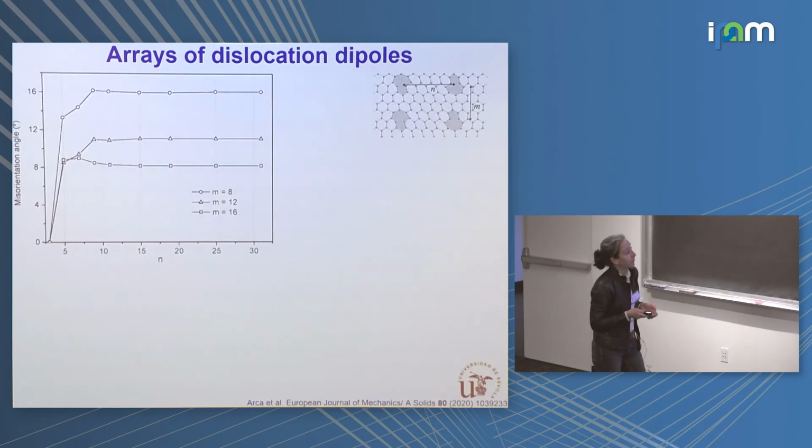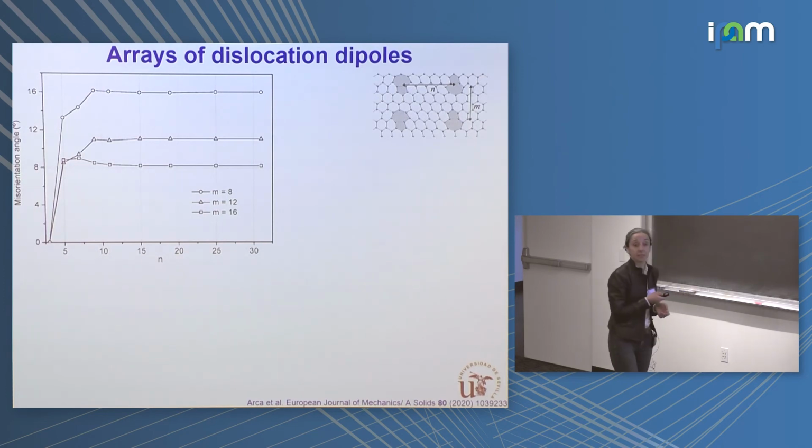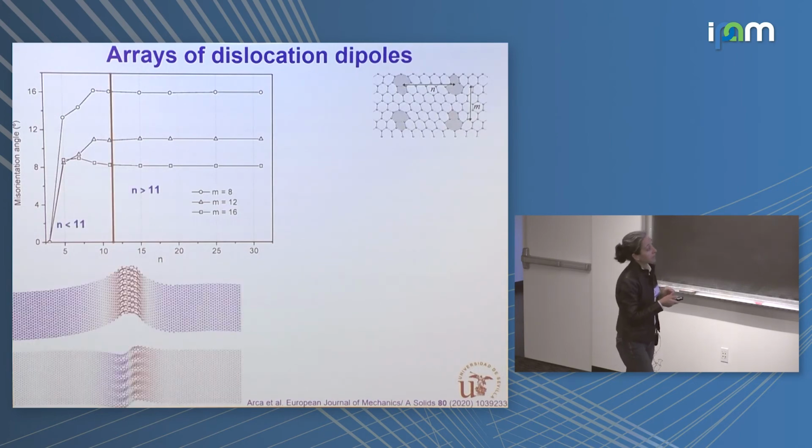So, what happens when we plot the misorientation angle for different configurations? This is n changing, and the different curves correspond to different separations in between dipoles. We observe that for short dipoles, short meaning n less than 11, you have this behavior in the misorientation angle.